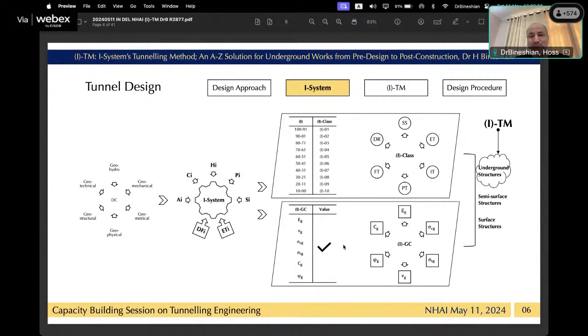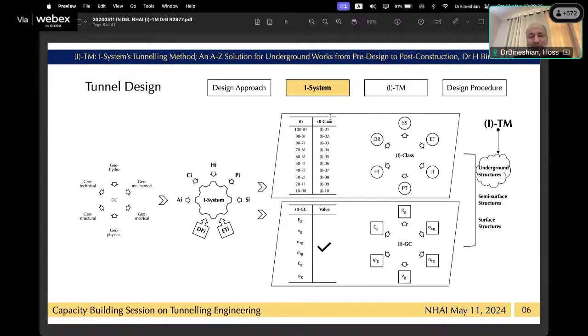The output would be two. One is the I-class, which classifies the ground into 10 classes from I1 to I10, meaning I1 for the best ground and I10 for the worst ground. The value of I varies between 100 and 0.